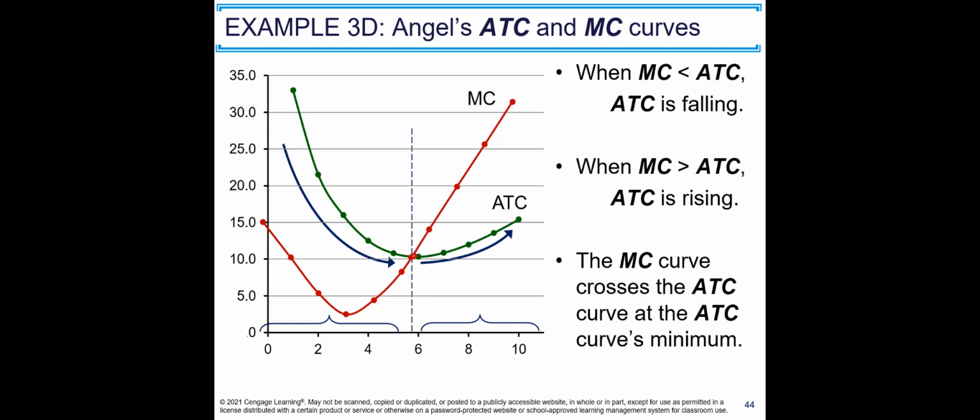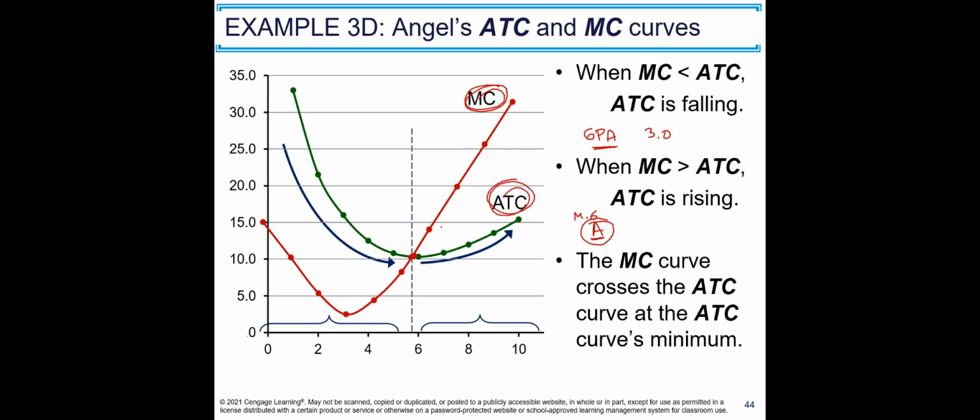So does this make sense? Yes, this makes sense. Let's think about one real life example. Your GPA is an average grade. If your GPA is 3.0, that means you have an average of B. So if you get an A from this class, this is your marginal grade, which is higher than your average grade.